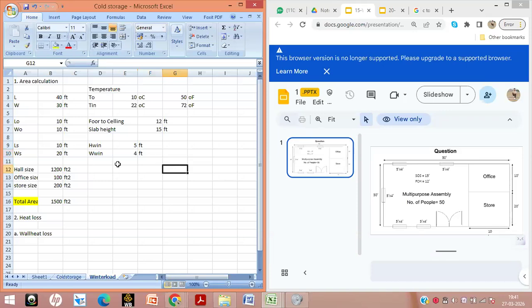Okay. So now let's calculate the area. So area is equal to height times width, so 5 times 4 feet square.